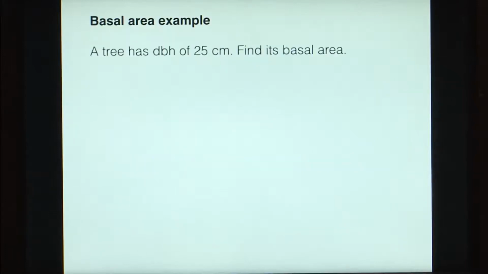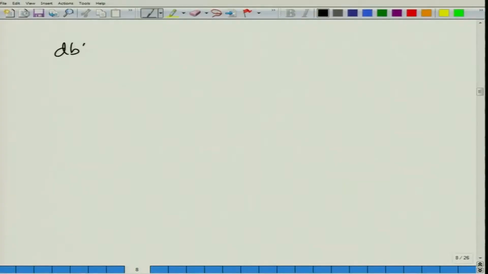Now let us look at an example. A tree has a diameter at breast height of 25 centimeters and we are required to calculate the basal area. So, how are we going to solve it? We are given that the DBH is 25 centimeters. I would recommend that in all the problems that you solve, you convert everything into meters, so let us follow a single convention. So, it will be 0.25 meters.